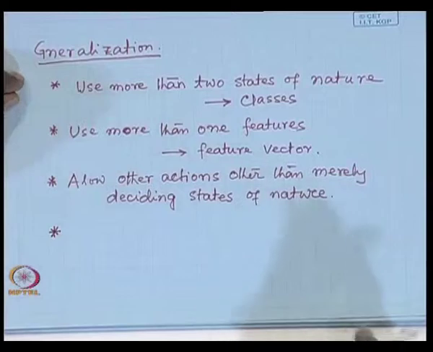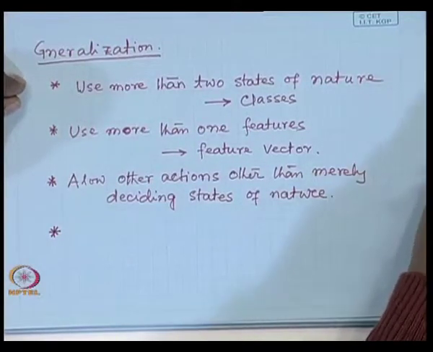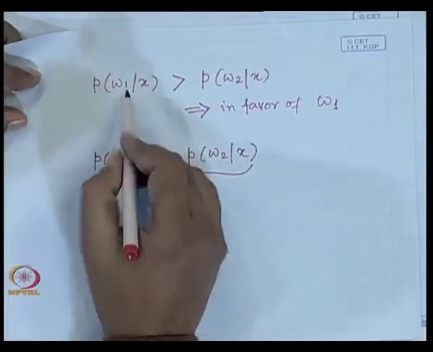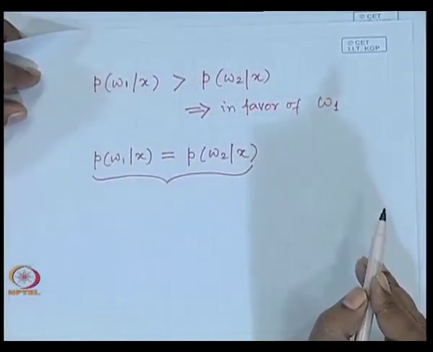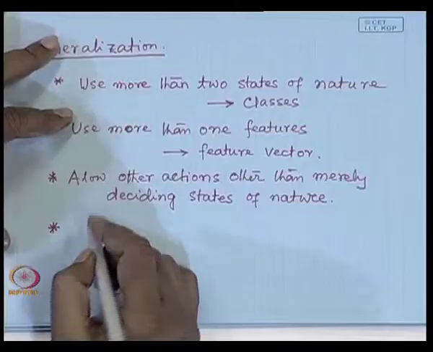And the next generalization is this: in our case, our decision was based on the posteriori probability. If p of omega 1 given x is greater than p of omega 2 given x, then we decide in favor of omega 1. If it is the other way around, that is p of omega 2 given x is greater than p of omega 1 given x, then we decide in favor of class omega 2. In this case we can have a more generalized criterion, based on which we can decide about the states of nature, which is called a loss function.